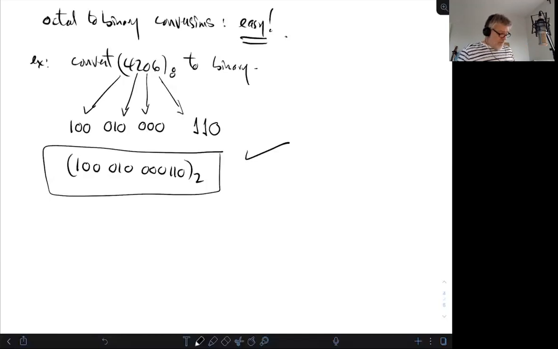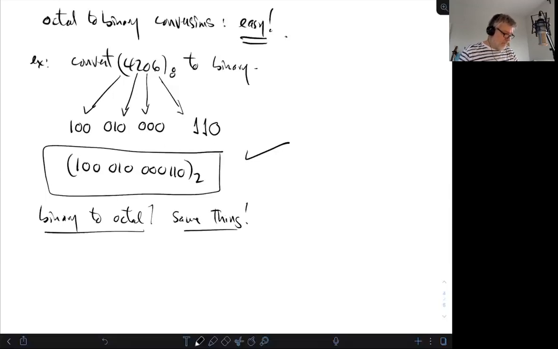What about the other direction? What about binary to octal? It's the same thing, right? So let's say that I'm asked to convert 101101101010 to octal.